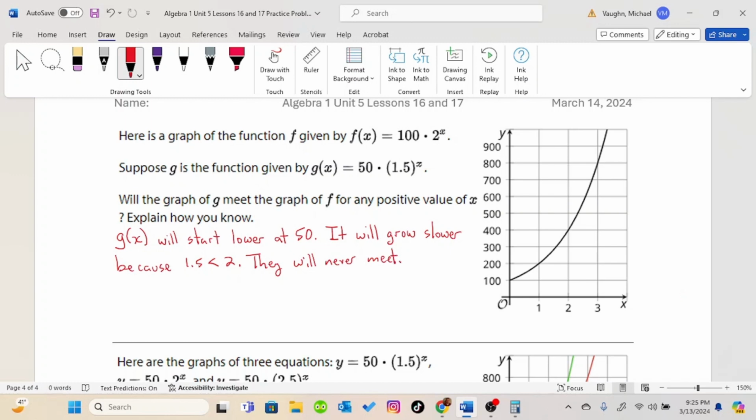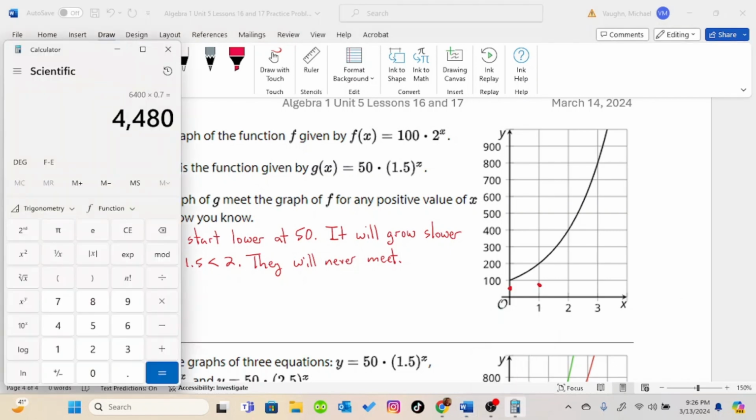If we wanted to prove it, it's going to start at 50. 50 times 1.5 is 75. Now 75 times 1.5 equals 112.5.